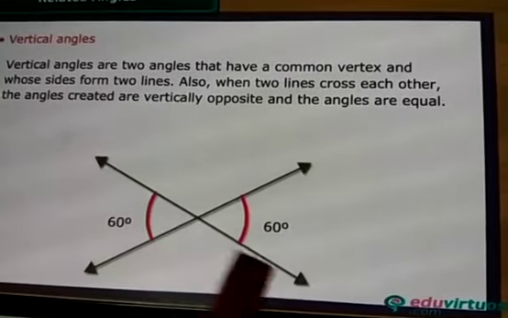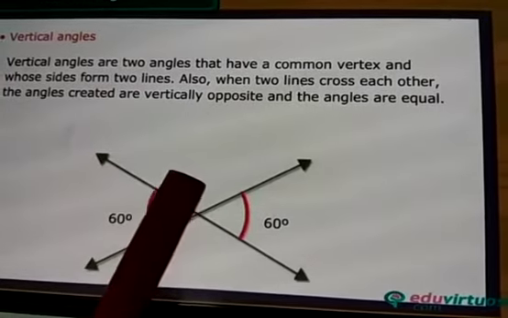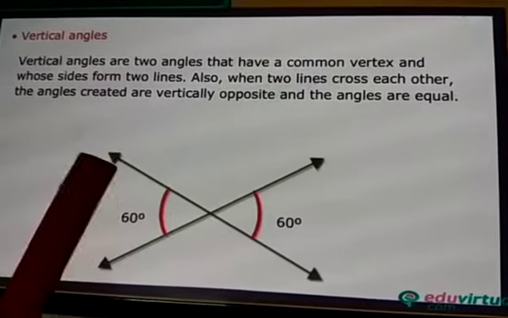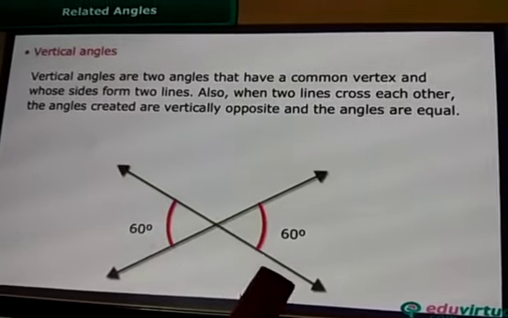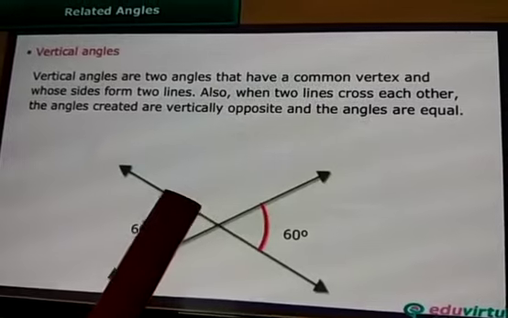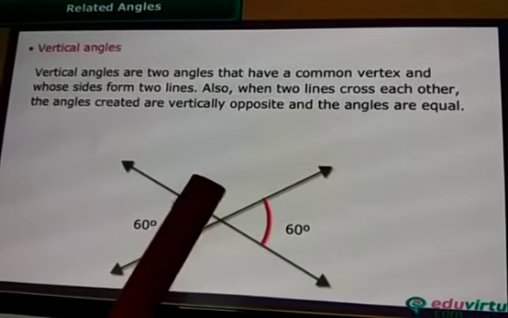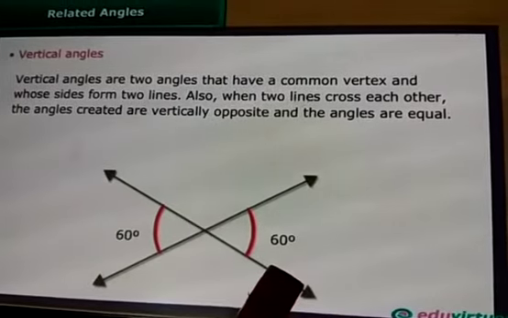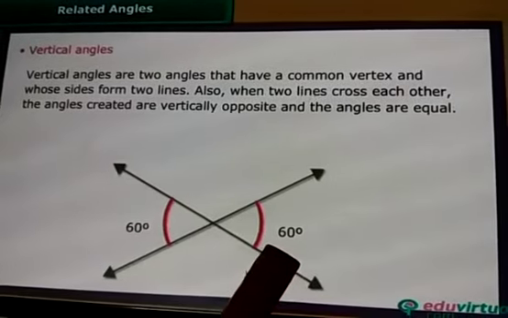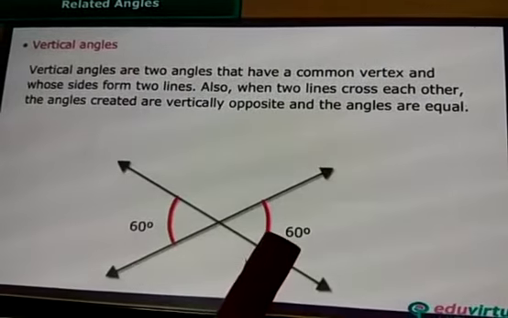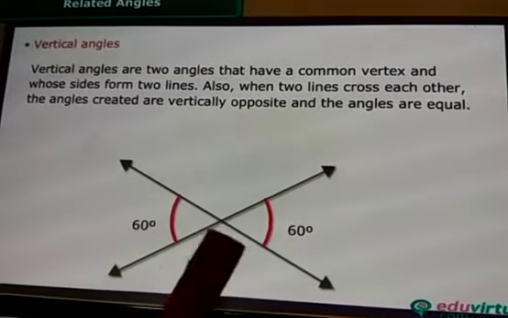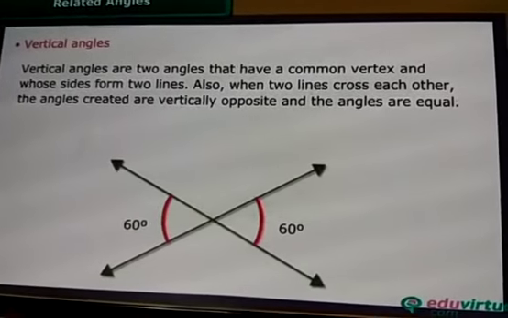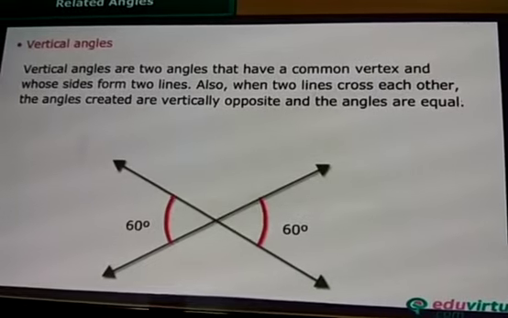Again come to the other line. This I have got already, 120 degrees. What is the sum of this line? This line is again 180 degrees. In 180 degrees, if I remove this 120, what is remaining? That is 60 degrees. We got the answer back. So this is 60 means this is also 60. Always you should remember that vertically opposite angles are equal.